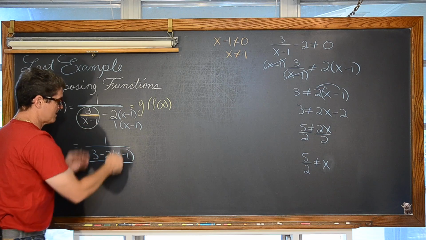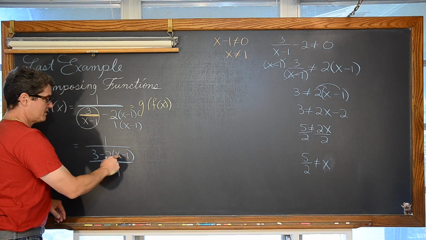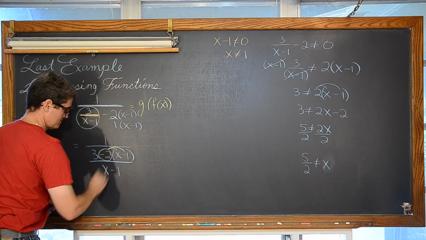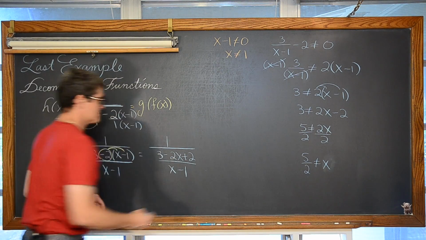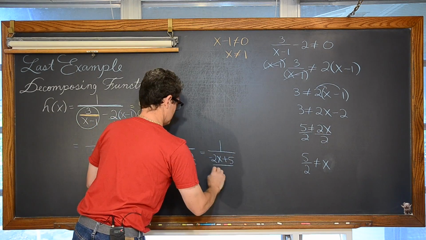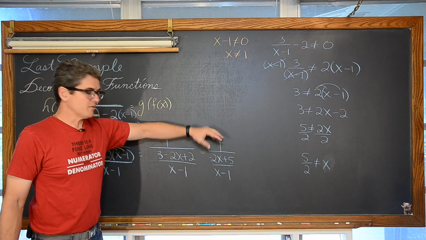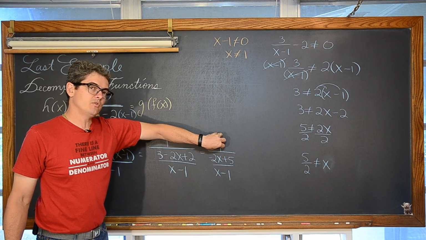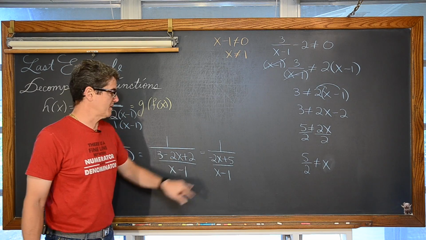So I'm just going to write the x minus 1 as our common denominator. Distribute the negative 2. Add like terms. And now we have a single term, or a fraction, if you will, in the numerator, because this is kind of like 1 over 1, and we have a fraction in the denominator.